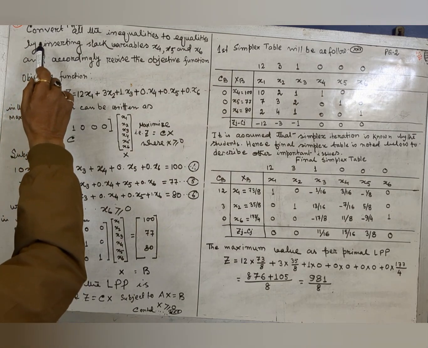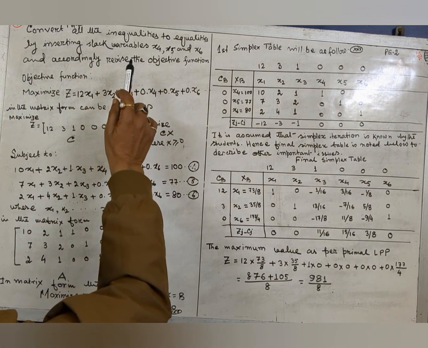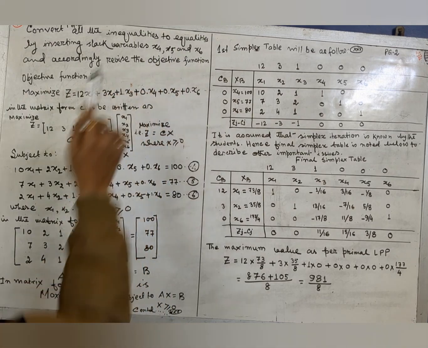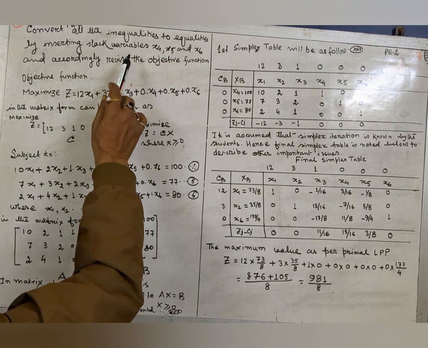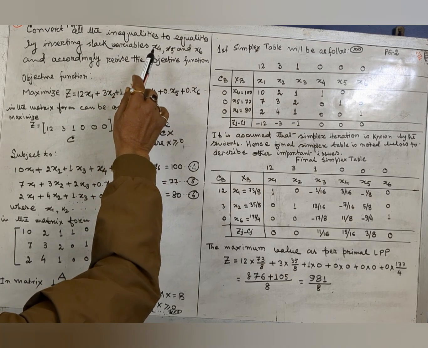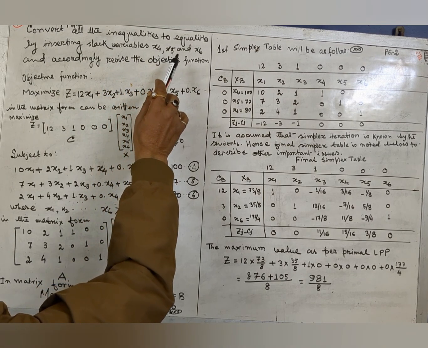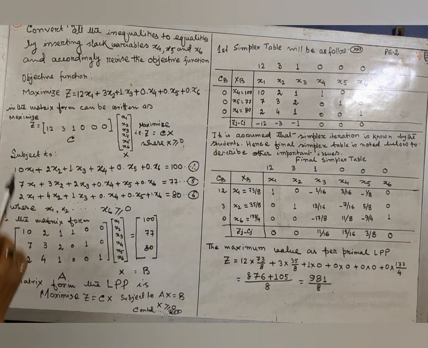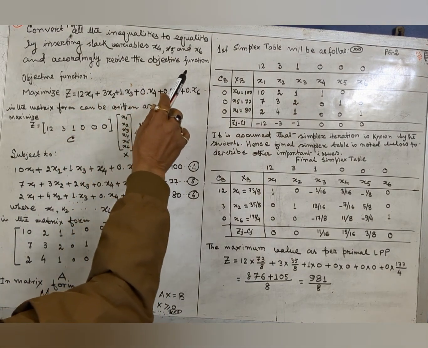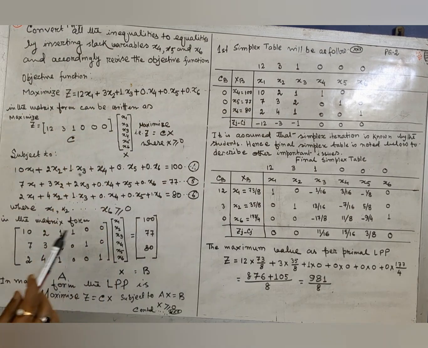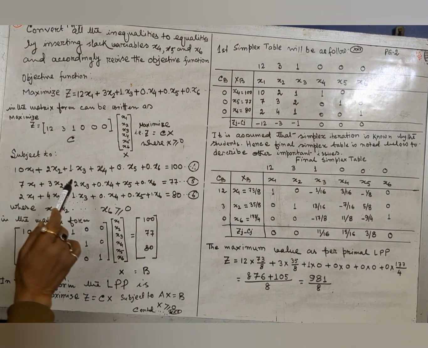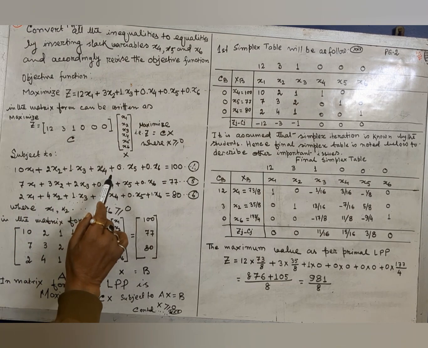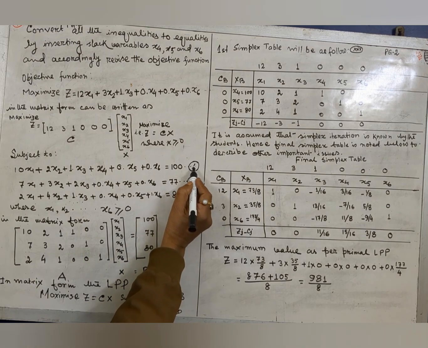First, convert all the inequalities to equalities by inserting slack variables, say x4, x5 and x6, and accordingly revise the objective function also. If we insert the slack variables, the constraints will be like this.